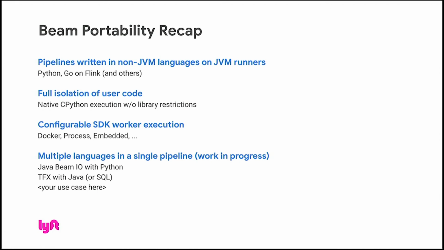And it's really hard to build these connectors in production quality. So we don't want to rewrite those. We would like to use the connectors that we already have with Python, and cross-language will provide that. There are other use cases, using TFX with Java, combining SQL with Python. Many more things become possible once that capability is in place.